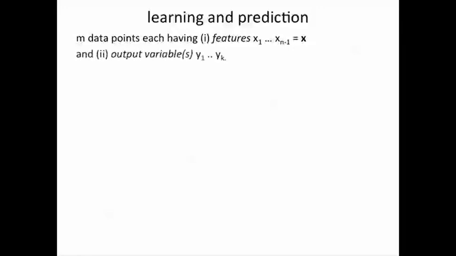And of course, with each set of features, or instance of features, we have an output variable, more than one possibly, which will be the ones we want to predict. Just as before, we have a large number of data points, each having a number of features, and given a new data point, we would like to know its value.